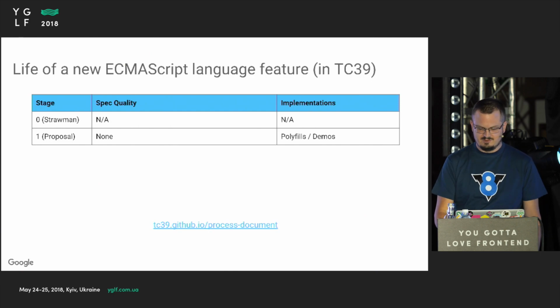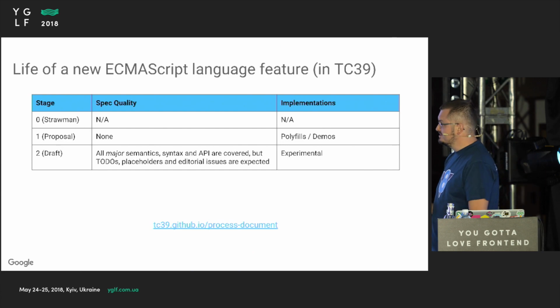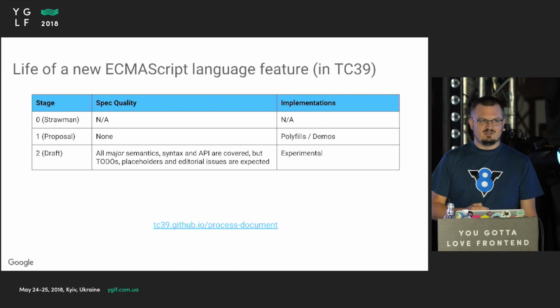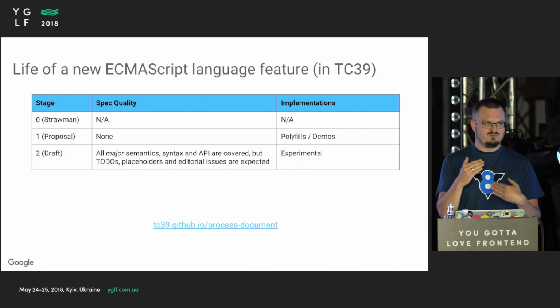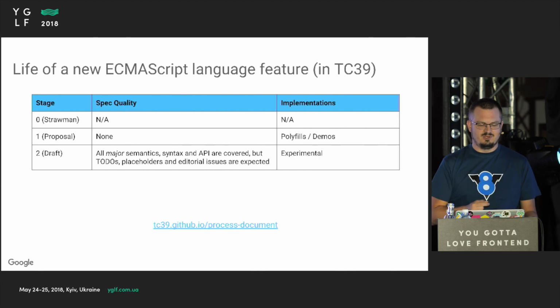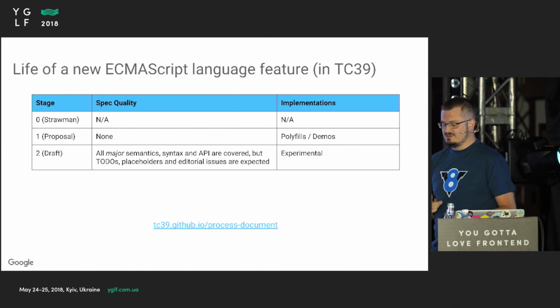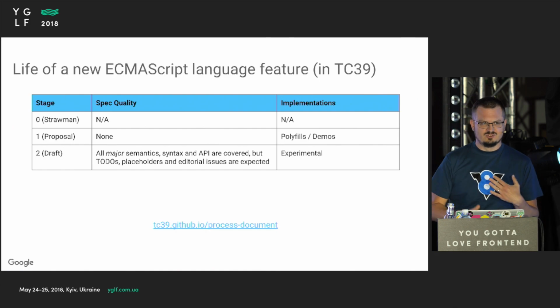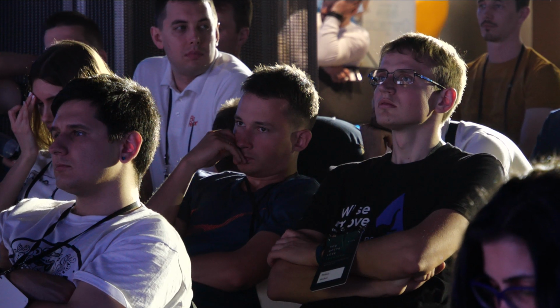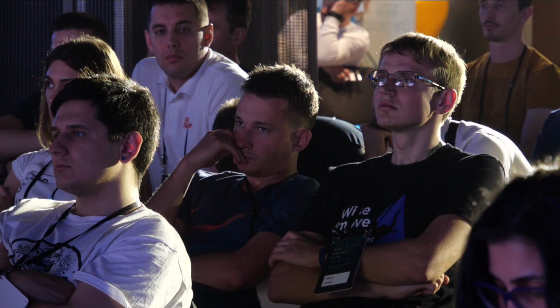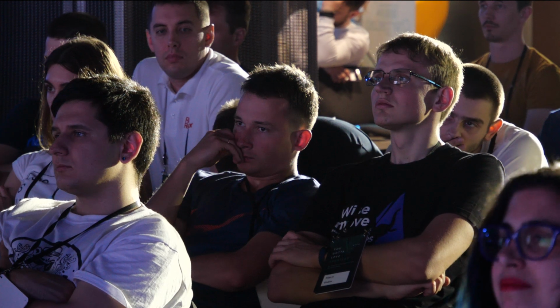This is stage 1. Stage 2 is a bit more serious. That's when you need to start a draft. You need to formulate it in terms of the spec language. The spec has its own language. And you need to consider APIs, and at least the rough semantics should be clear. And they should make sense in the world of existing JavaScript. Stage 3 is when it gets serious.